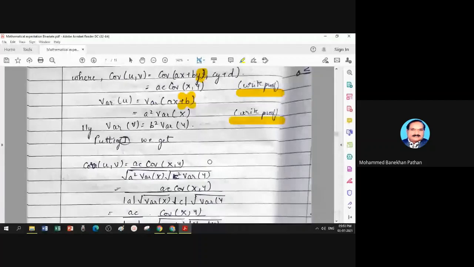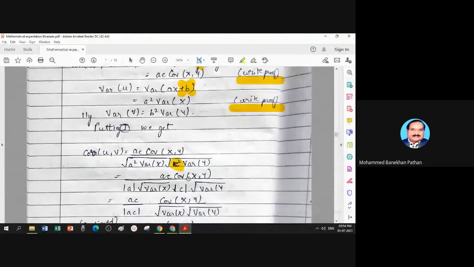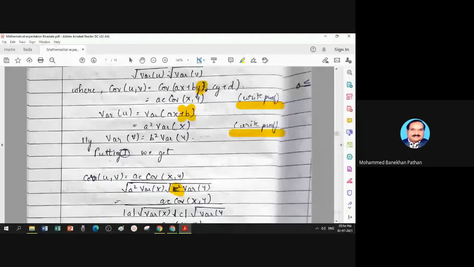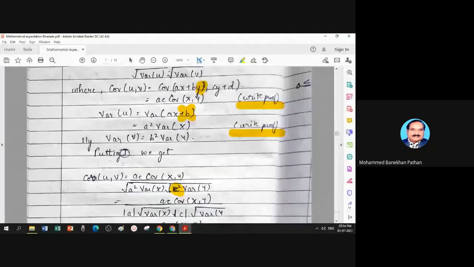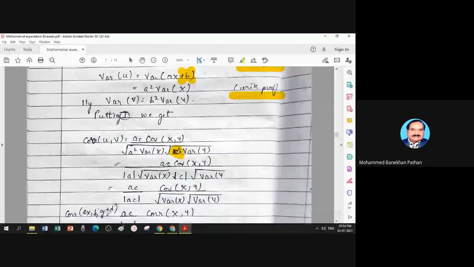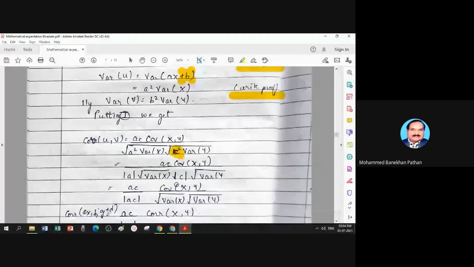So the correlation coefficient between U and V equals AC times covariance of X comma Y, over A square variance of X multiply C square variance of Y. Sorry, it is C, C times Y plus D. So now from the root, A square comes out as mod A, C square comes out as mod C, because when you take a root there is plus or minus possibility. But standard deviation is a positive root, that's why the modulus sign.